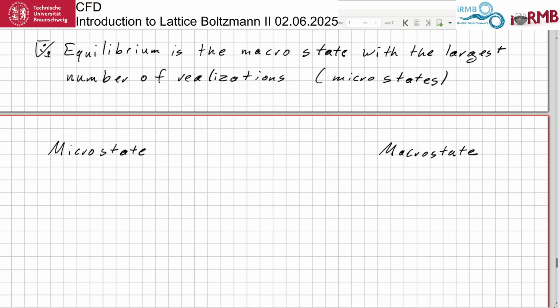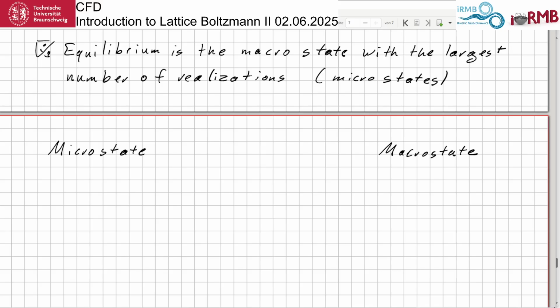This is always done with some stupid example, and you have to do the comparison to real physics. My stupid example here will come from coins.